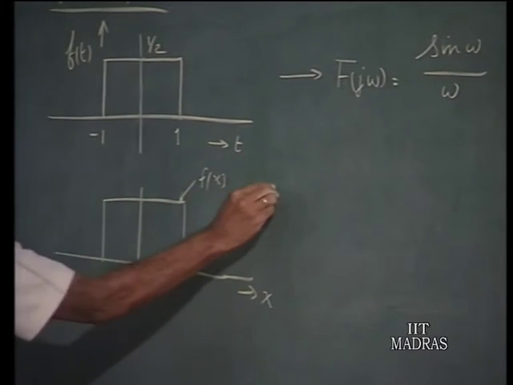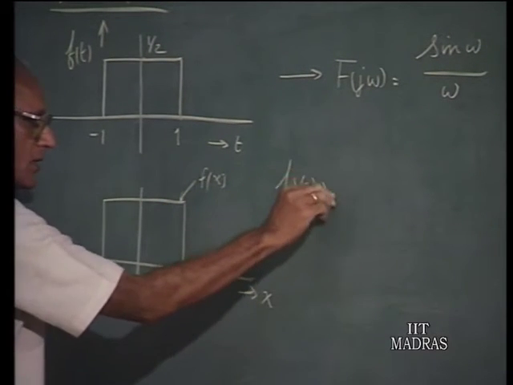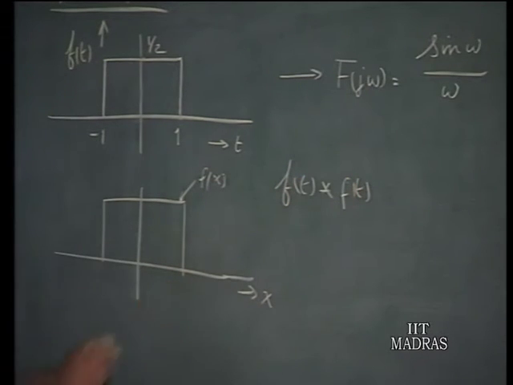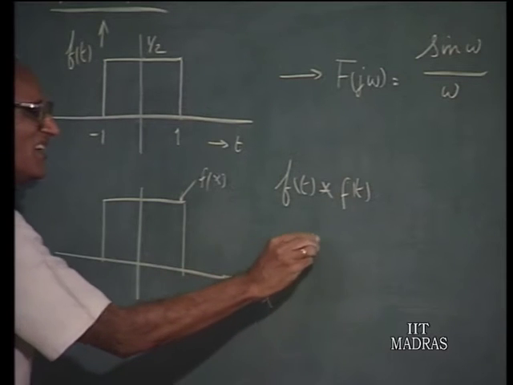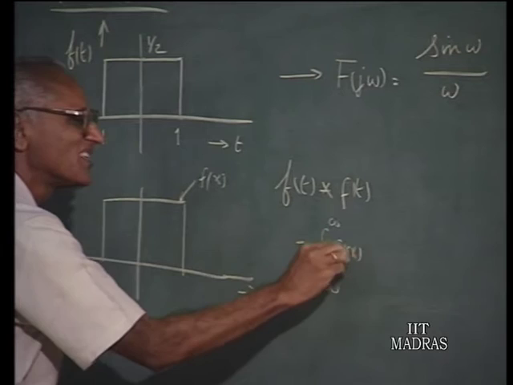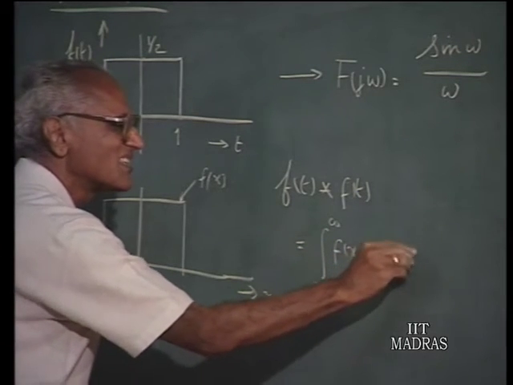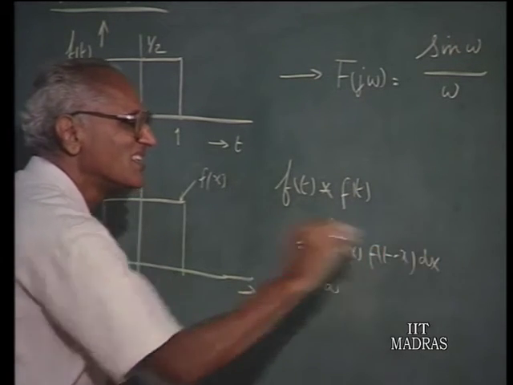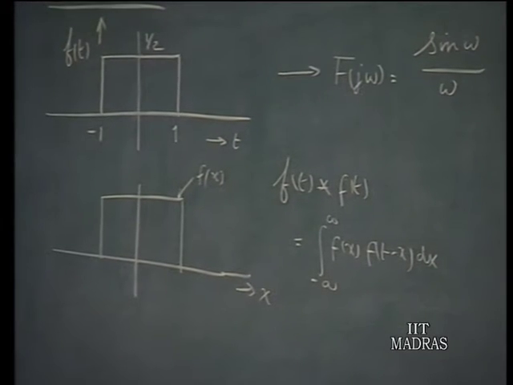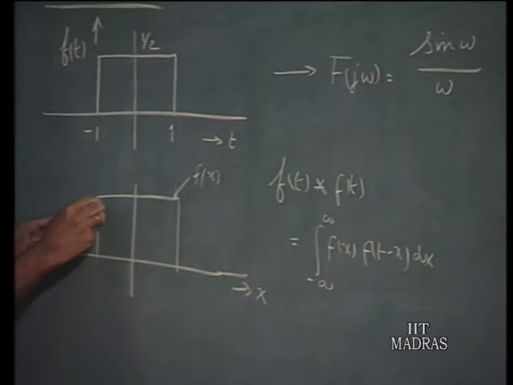In order to find f t convolved with f t, I should take the integral of f of x times f of t minus x dx, that is the integral that I should work out. So, if this is f of x, this also happens to be f of minus x.